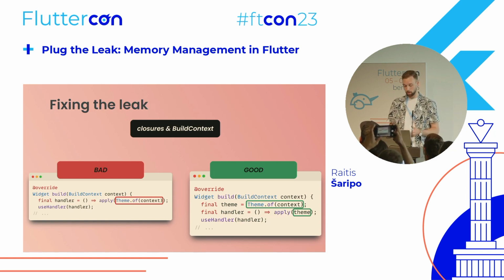This could potentially cause a memory leak depending on how the handler is used, because in this case the closure can actually outlive the widget. What we can do instead is create a single Theme object from the context, so it can be shared across all BuildContext instances, and use the result of it inside the closure. This is the recommended approach from the documentation as well. So if you're not doing it already, I think you should.